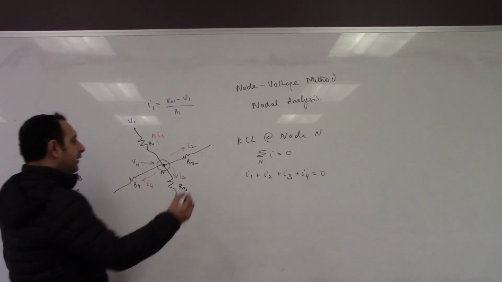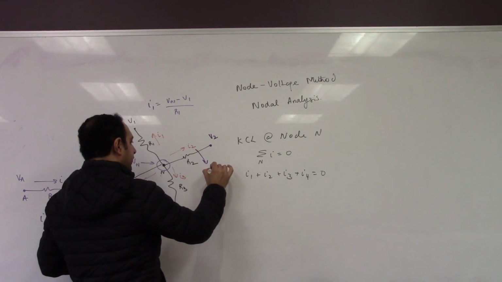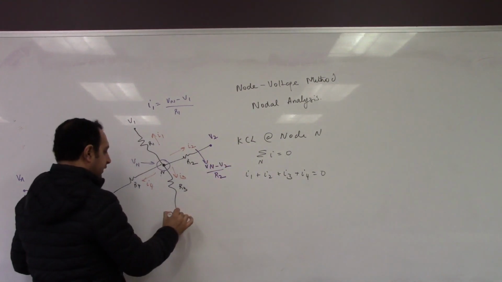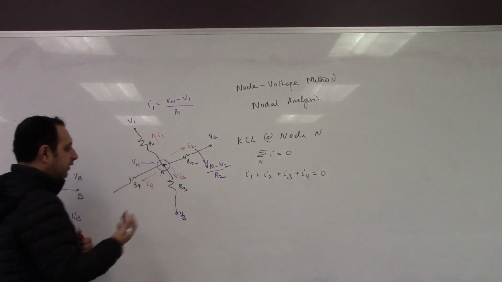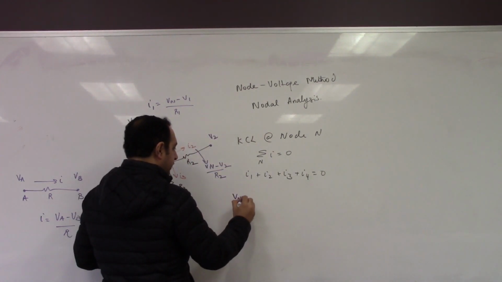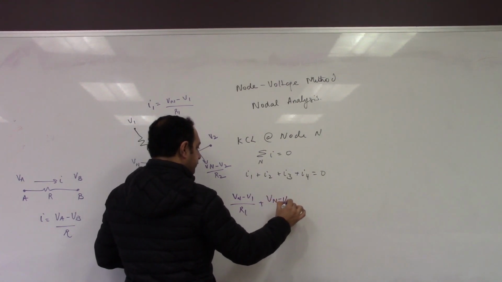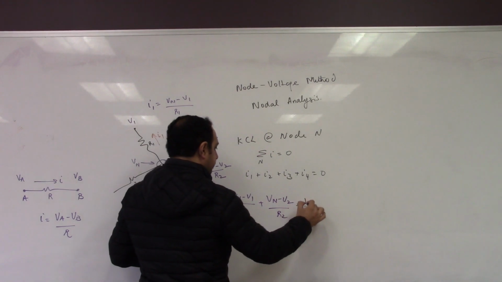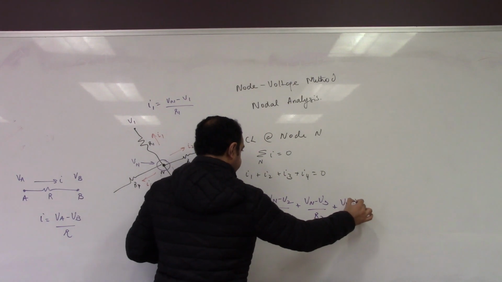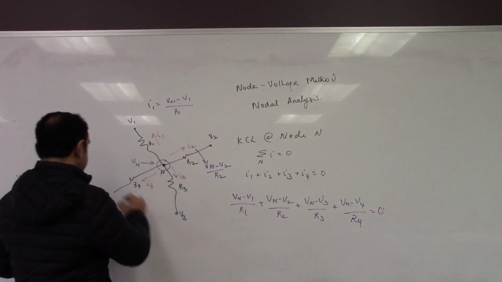Same thing, let's assume the voltage here was V2. So this current would be Vn minus V2 divided by R2. If this was V3, and so on, this entire expression I can write as Vn minus V1 divided by R1, plus Vn minus V2 divided by R2, plus Vn minus V3 divided by R3, plus Vn minus V4 divided by R4, provided this is V4.